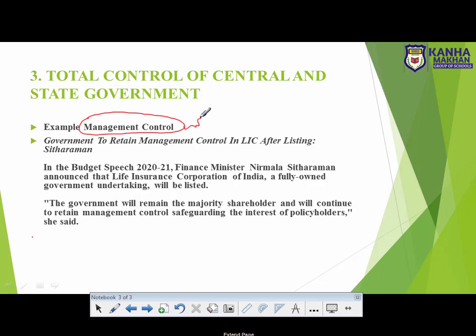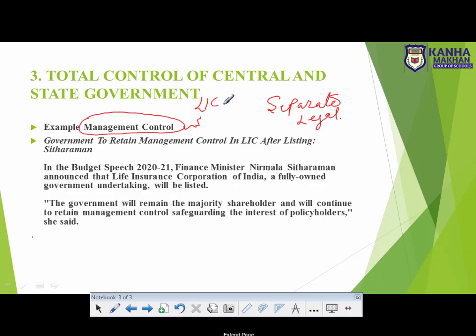As we have discussed earlier, the rules and regulations are predefined in the Act only, and due to this it is considered a separate legal entity as well. But at a certain point or in certain situations, if this statutory operation is not up to the mark or is not working properly, the government has full right to take over the public corporation. Here I have a recent example of LIC.